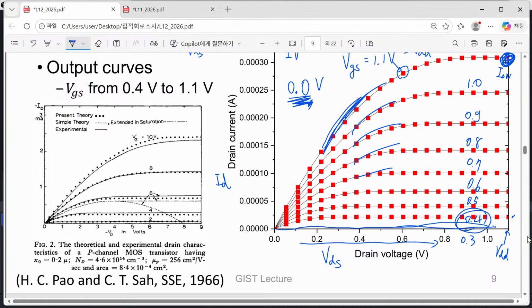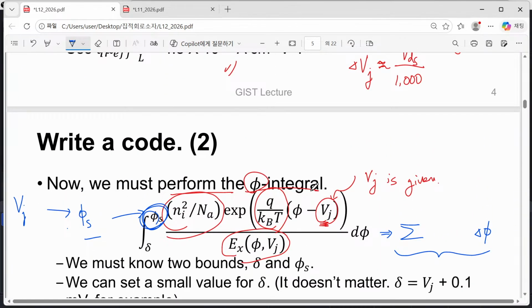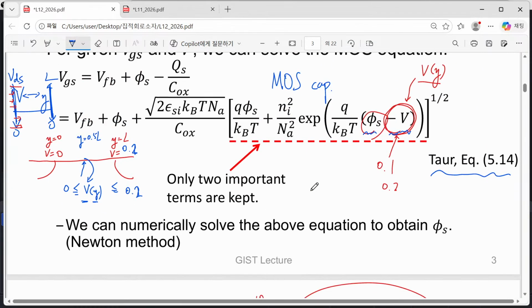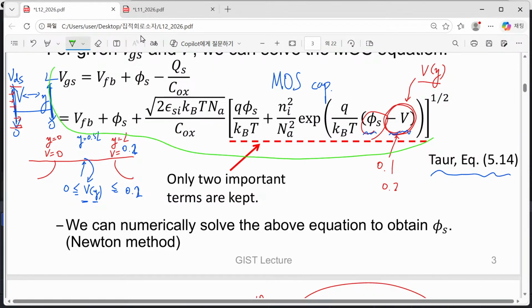Of course, the cost is that for every V value you have to calculate your surface potential, and this pair is numerically calculated by solving this equation. That is the only computational burden we have to pay for our Pao-Sah integral.